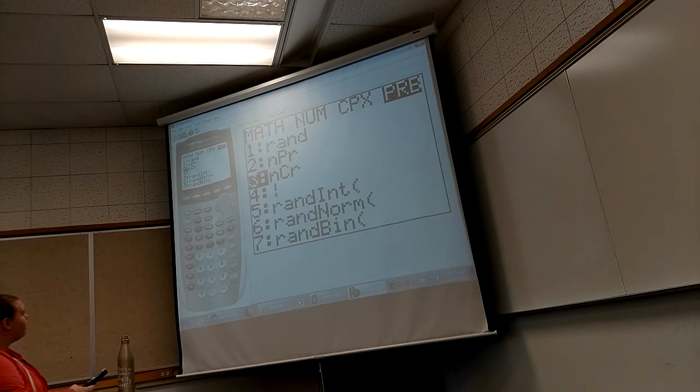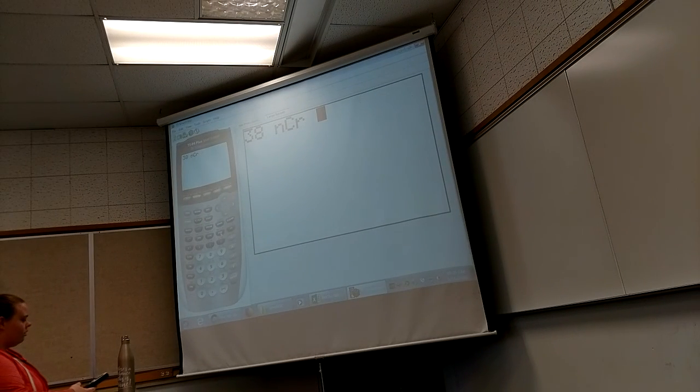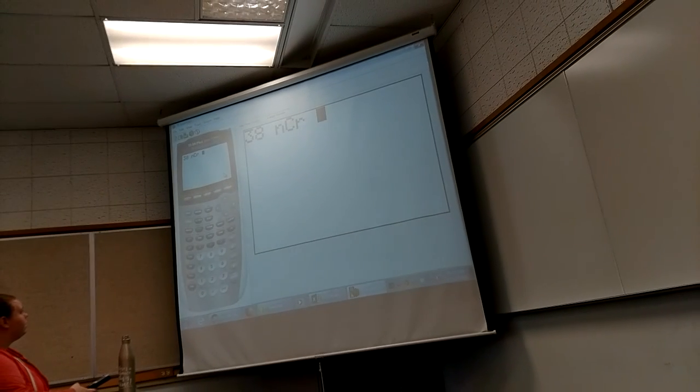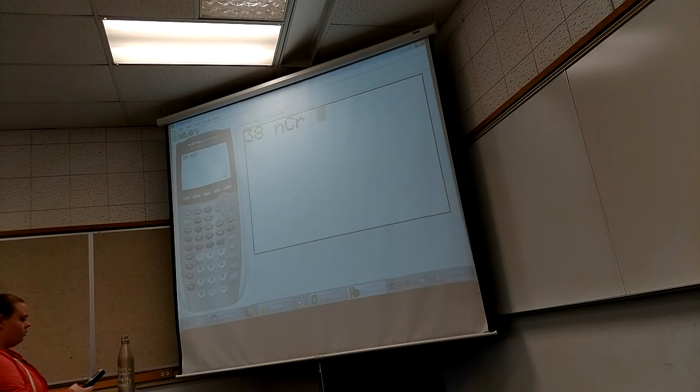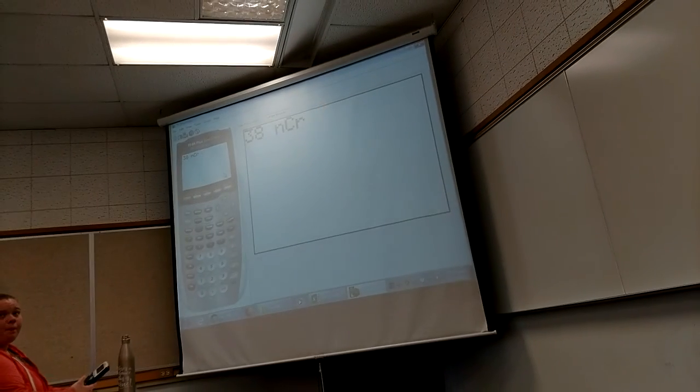We know it's X. So 38, choose. Now if you have the newer calculator, it went down to a subscript. Whenever you're in a subscript or a superscript, hit the over button so you get out of there once you plug the number in. 38, choose what? 9.